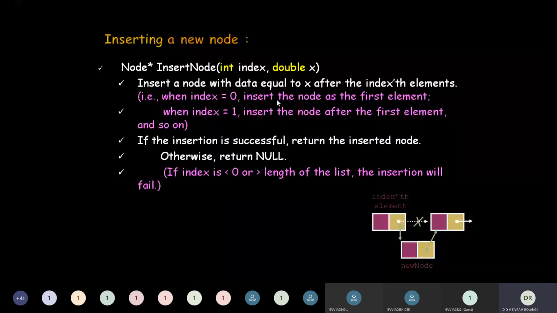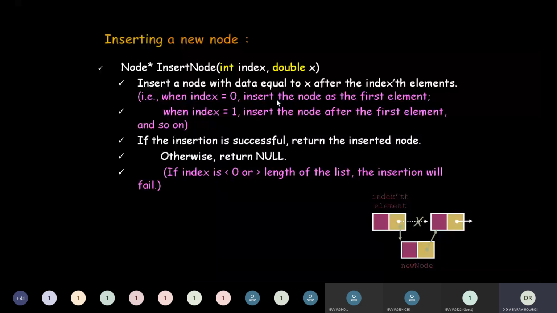This particular function addresses the third case. What is the third case here? The third case is I want to insert my new element at a specific location. If you want to insert your element at a specific location, you need to give two parameters: where you want to insert and what you want to insert.